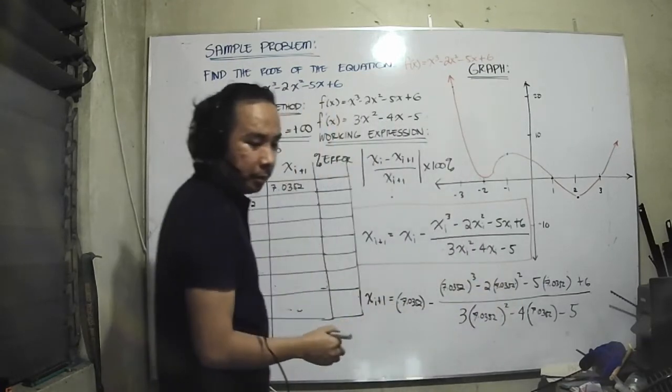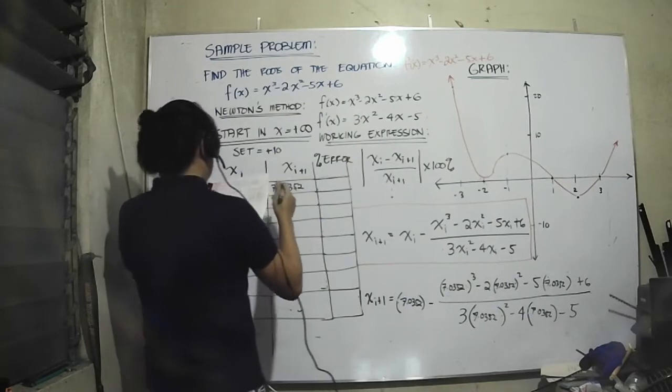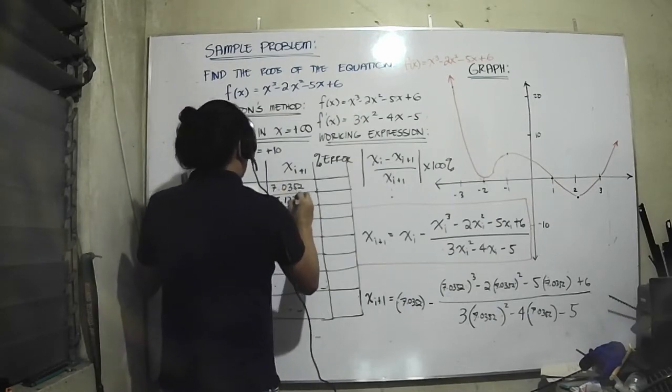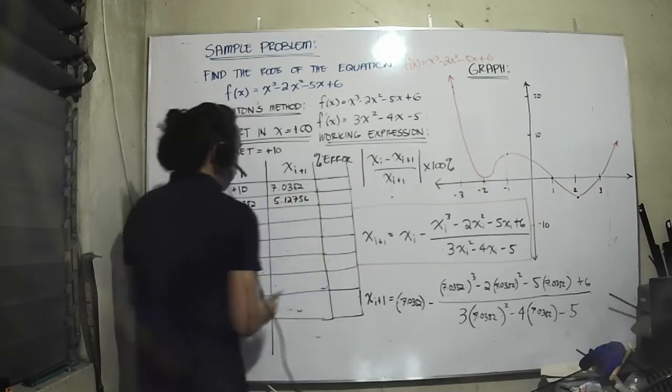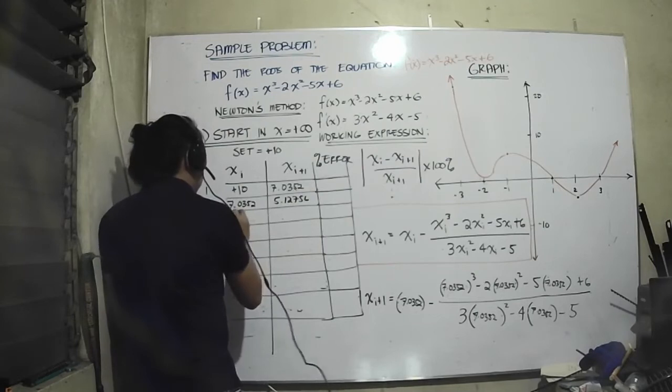Plug in again. The result we get is 5.12756. I repeat the process over and over again.